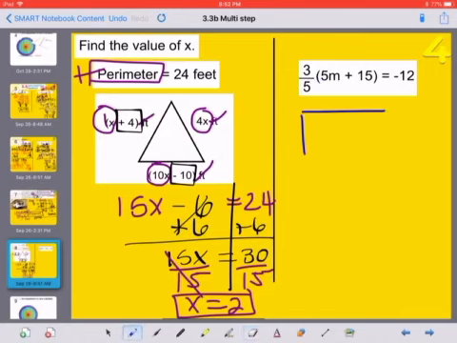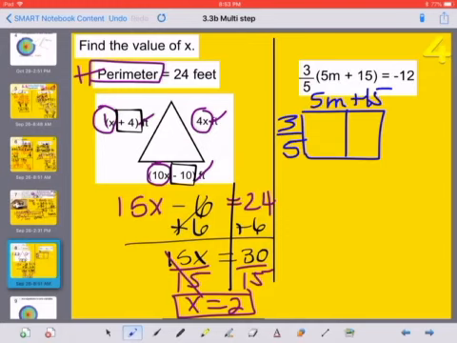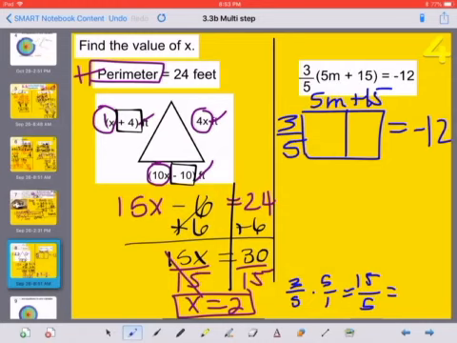I'm going to draw my box to multiply. 3/5, and then 5m plus 15. 3/5 times 5. 5 is really 5 over 1. So 3 times 5 is 15. 5 times 1 is 5. So 15 over 5 is 3. So this is 3, and there's an m there.